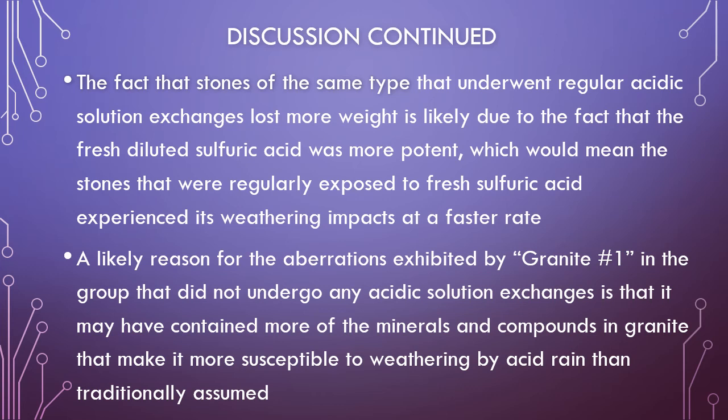Previous researchers have stated that chemical composition is an important factor in how stones are weathered by acid rain, and a group of Japanese researchers that studied the impact of acid rain on gabbro, which is fairly similar to granite in terms of its resistance to weathering, found that certain chemicals in the gabbro were much more susceptible to being altered or dissolved by acid rain than other chemicals.